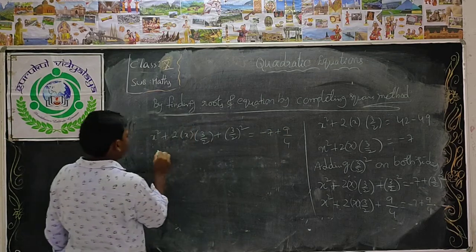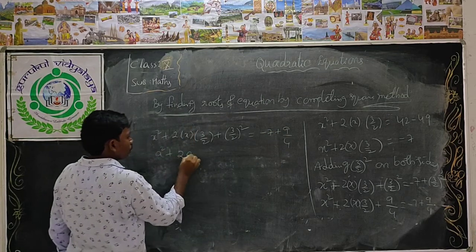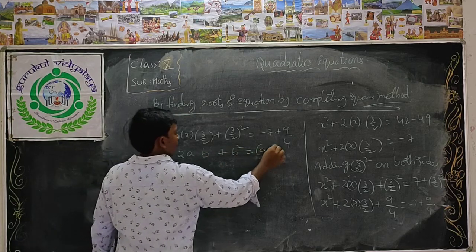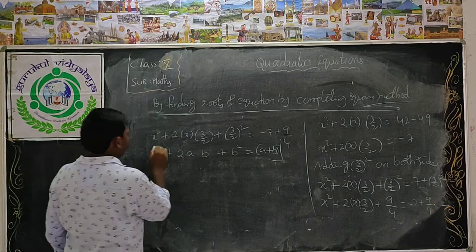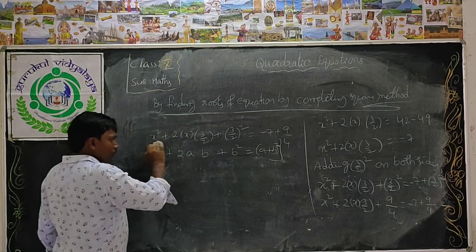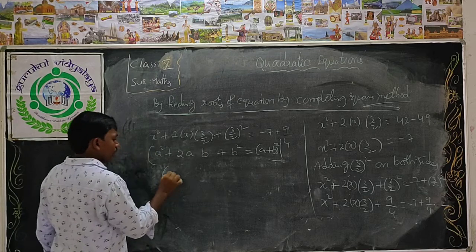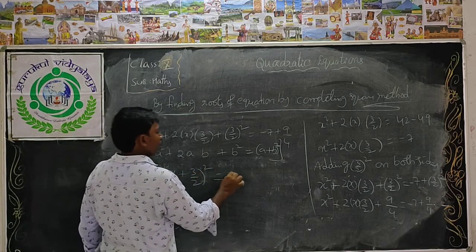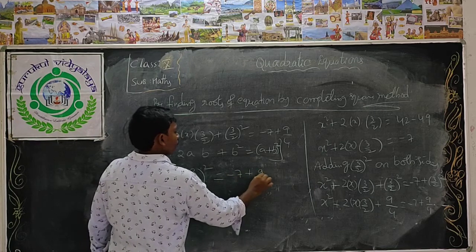So children, this is a square plus 2ab plus b square. This is what? a plus b whole square, where a is equal to x and b is equal to 3 by 2. So this full expression, this LHS, will be written as x plus 3 by 2 whole square is equal to minus 7 plus 9 by 4.